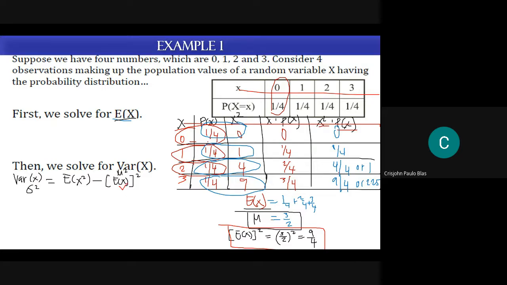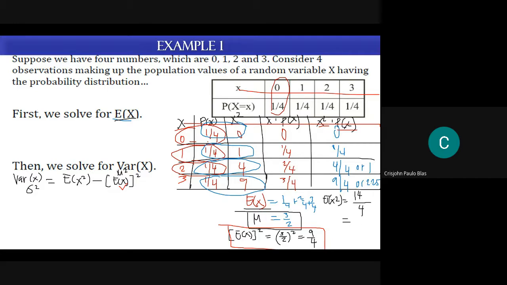Next, ipag-add natin to and that will be our E of x squared na. Ipag-add natin the E of x squared. So, ipag-add 1/4 plus 4/4 plus 9/4. Anong sagot? Simplify.